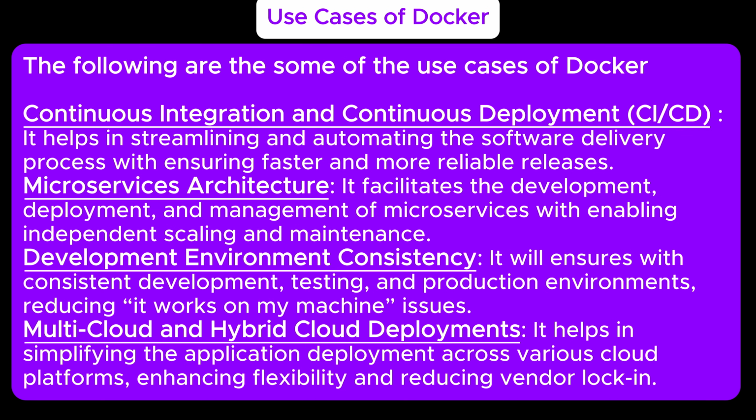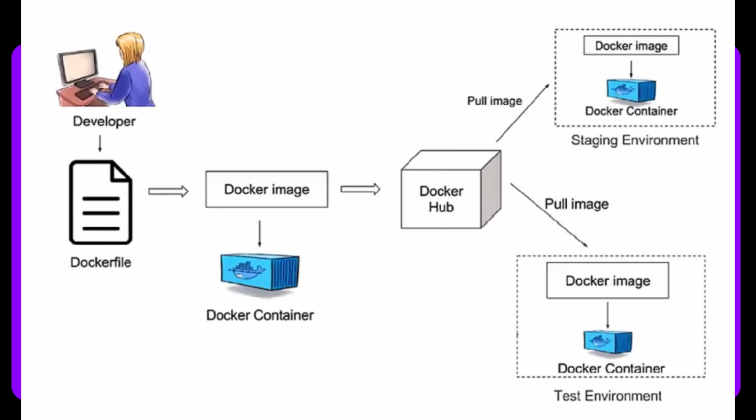Guys, whenever we choose any tools and technology, we definitely have to go through the requirements and understand the use case, whatever we are going to achieve or implement according to our business case. So the first important use case for Docker is the CI/CD pipeline, where you need continuous integration and continuous deployment.